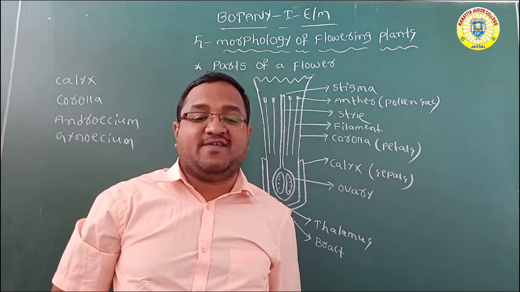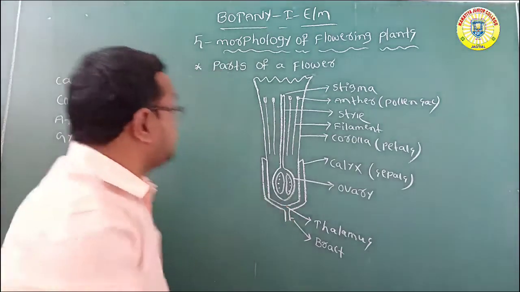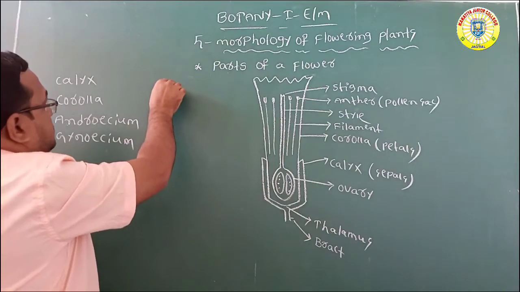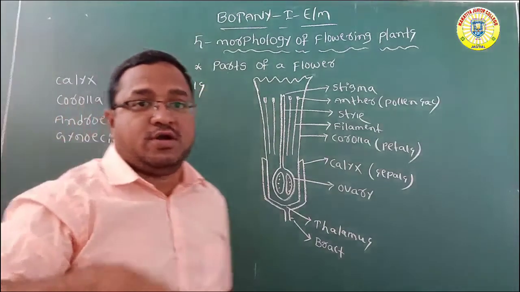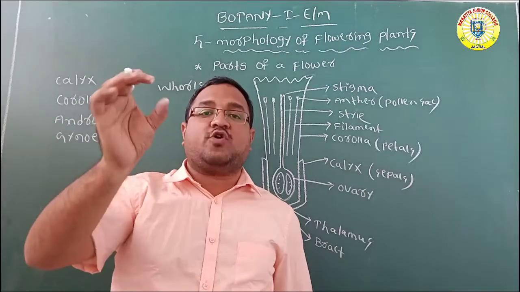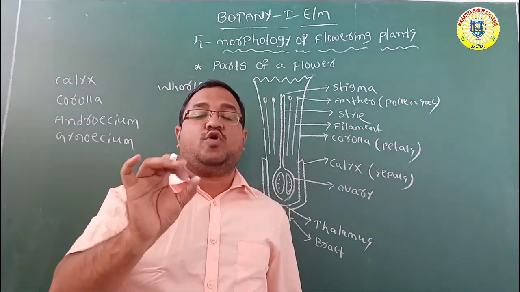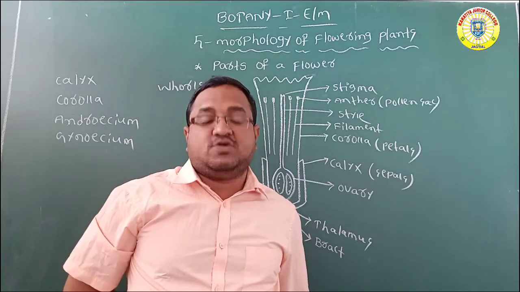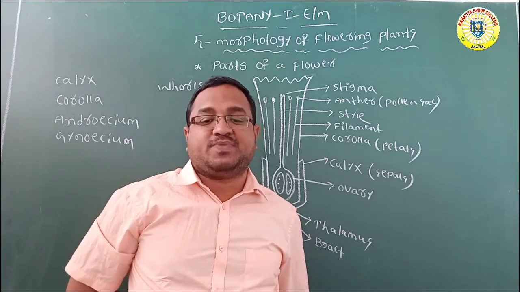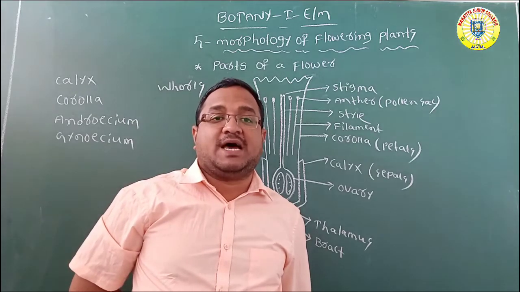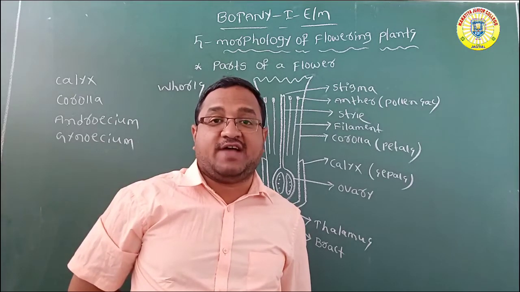Each flower normally has 4 floral whorls. All the floral parts are developed on these 4 floral whorls: calyx, corolla, androecium, gynoecium. These 4 parts are present at different nodes on the thalamus.